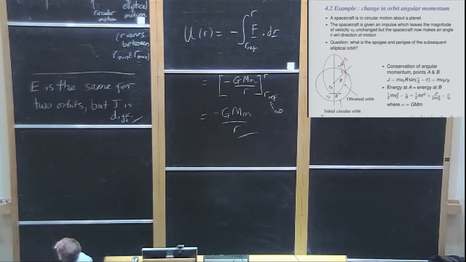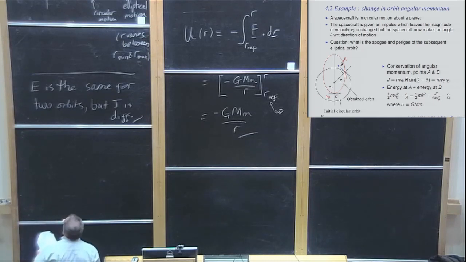So this we know. What we would like to know is the angular momentum of the final orbit. What we do know is the velocity at this point, and we know what angle it is set to move in.